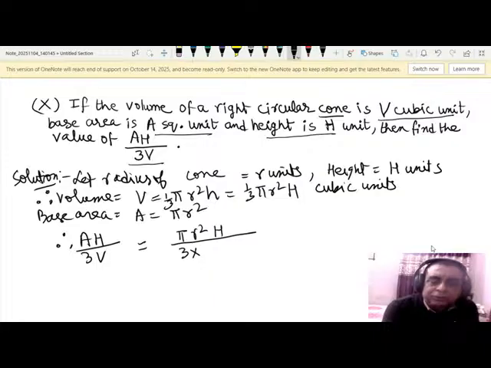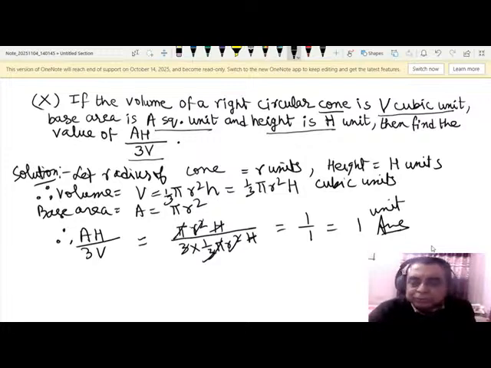V is 1/3 pi r squared H. 3 and 3 get cut out, pi and pi get cut out, r squared gets cut out, H cuts out. Which is 1 upon 1, which is the answer 1. So the answer is 1 unit.